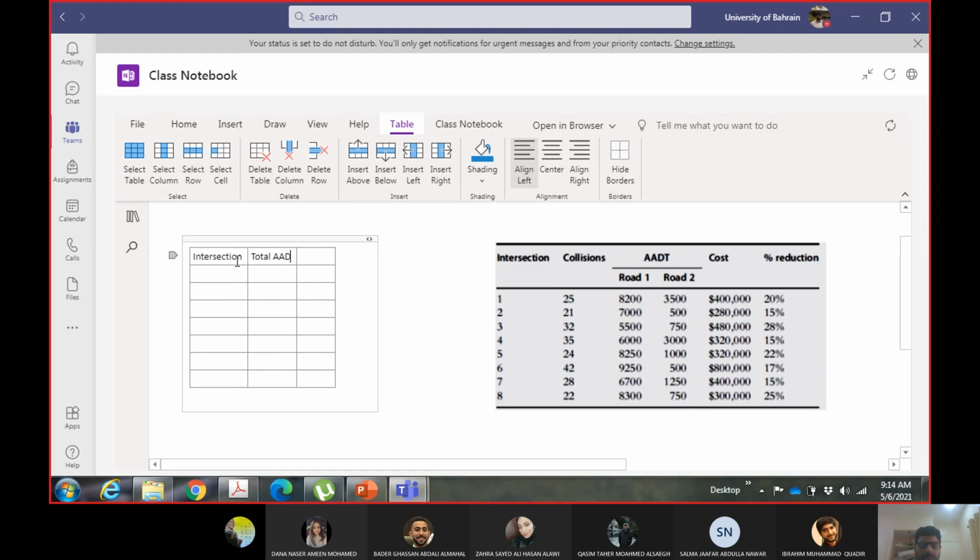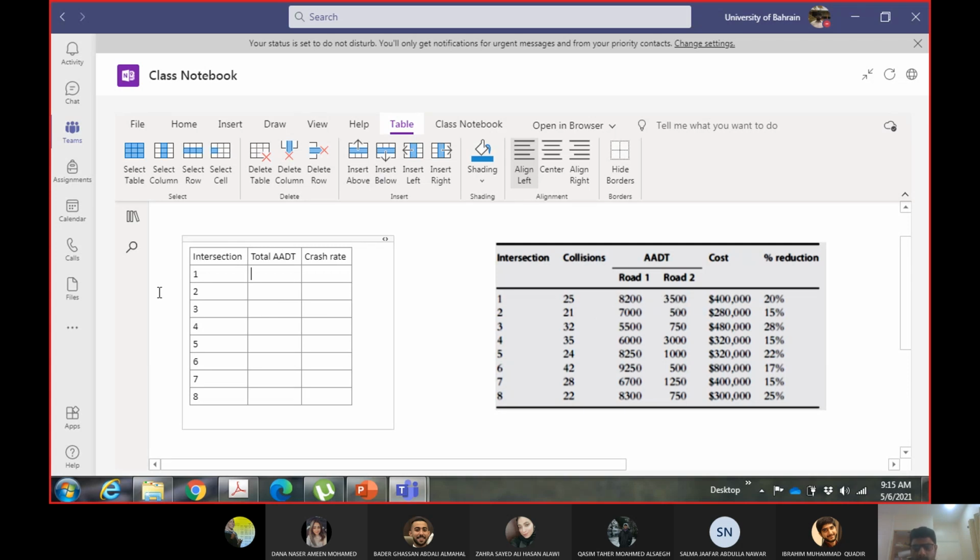Total ADT. Intersections 1, 2, 3, 4, 5, 6, 7, 8. Total ADT means you will add up these two values. For each intersection, give me the total AADT.